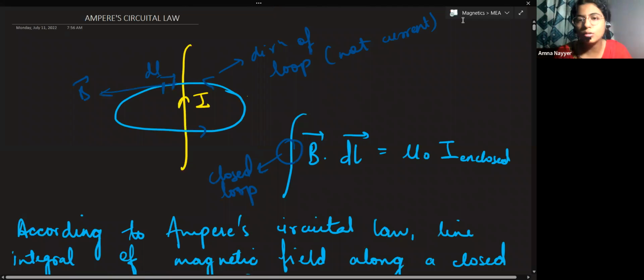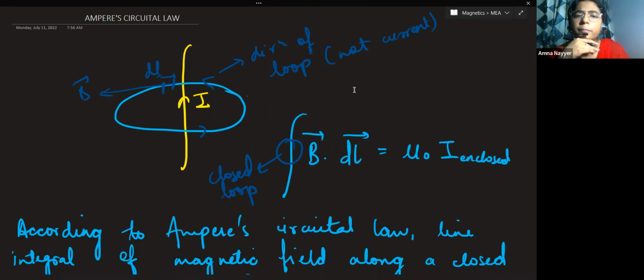This law is known as Ampere Circuital Law. It was given by Ampere, so the law was named after him. The way we used to write Gauss theorem as 1 by epsilon naught times charge enclosed, similarly write it for this also: mu naught times the current enclosed. Instead of charge, shift it to current.